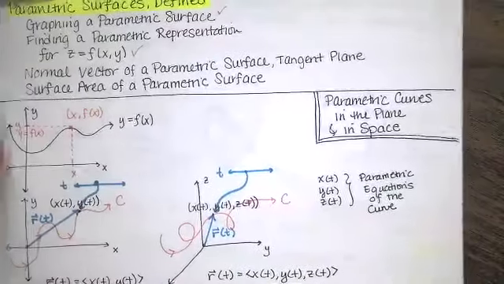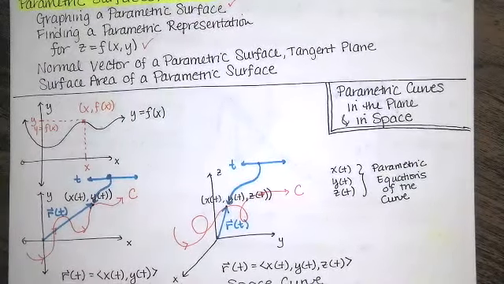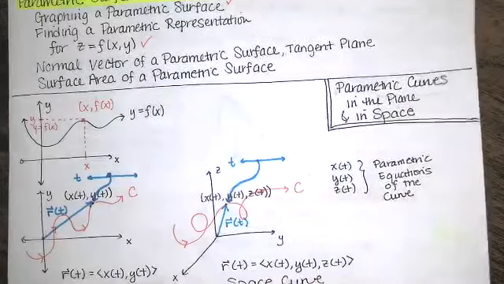Now let's think about how we would find the normal vector to a parametric surface and then come up with the equation of a tangent plane.